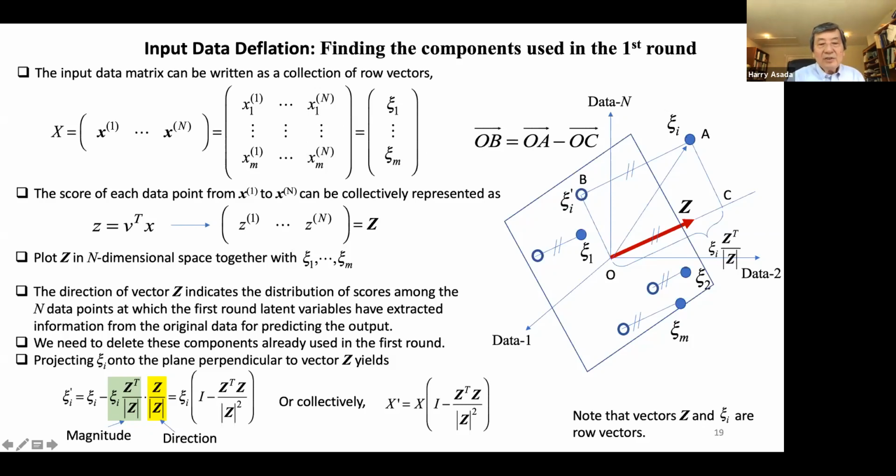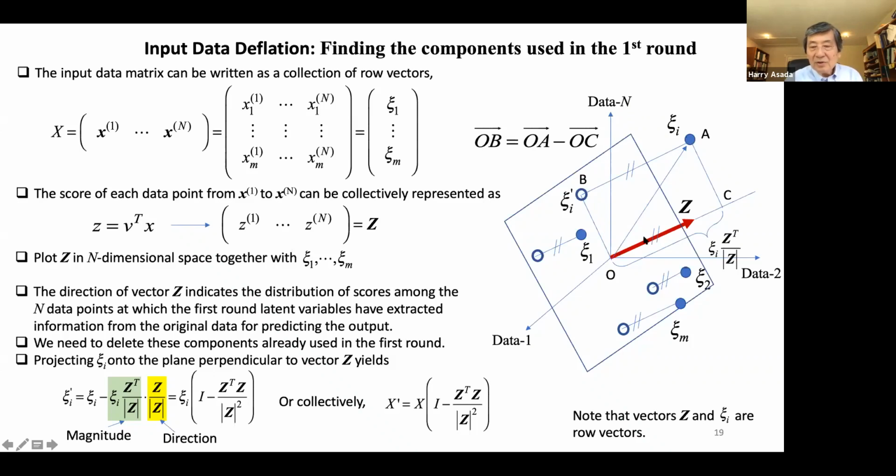Okay, now let's plot this z in capital N dimensional space. So, we have some axis associated with data number 1, data number 2, and data number n, right?